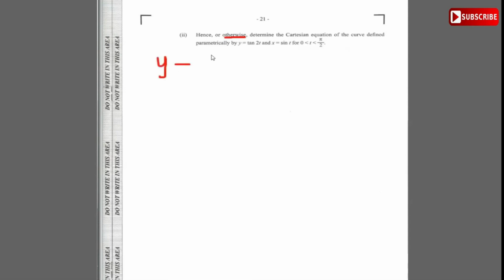So y is equal to tan 2t. And I'm going to rewrite tan 2t as sine 2t over cos 2t. That's why I said I'm not going the hence route.